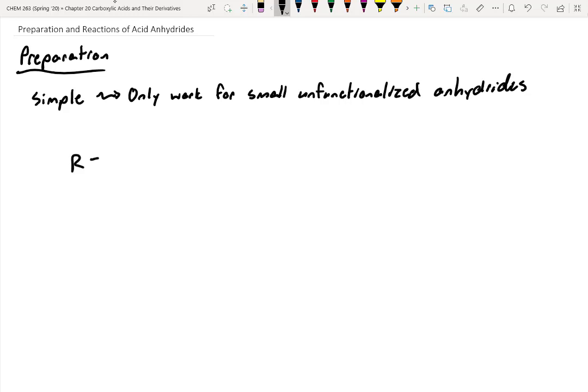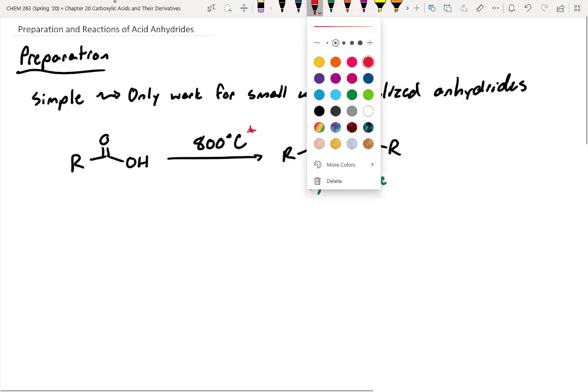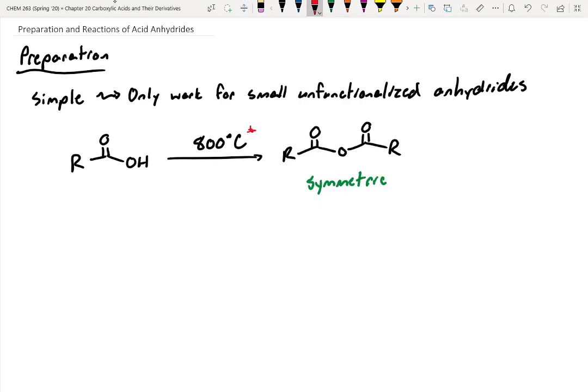So, for example, if you have a small carboxylic acid, you can actually just heat the reaction up to 800 degrees Celsius, and you can get these to couple together to form symmetric anhydrides. So it'll always be symmetric. As you can imagine, running a reaction at 800 degrees presents its own unique challenges too.